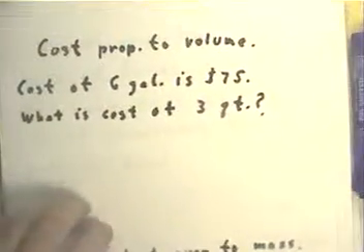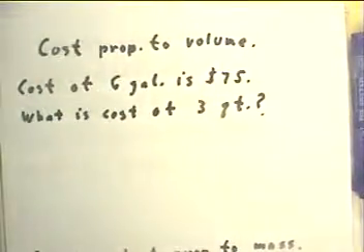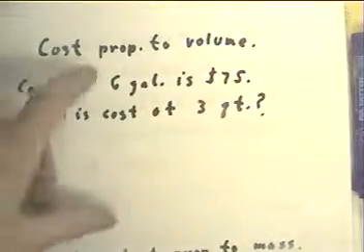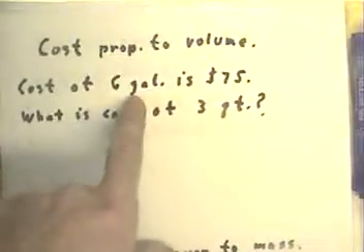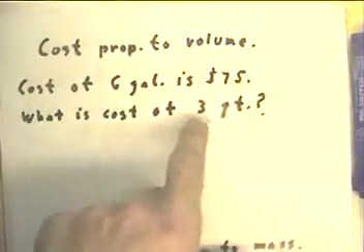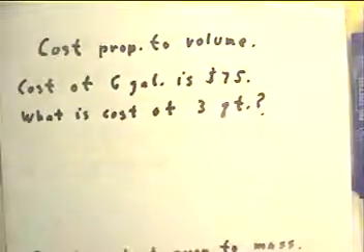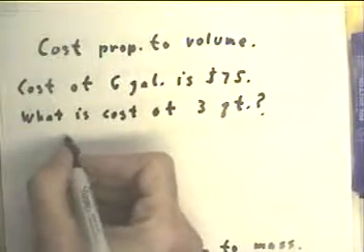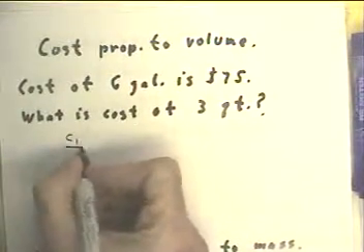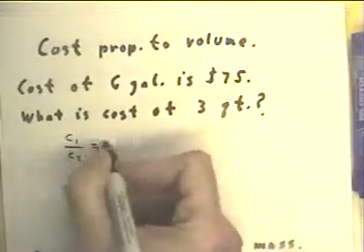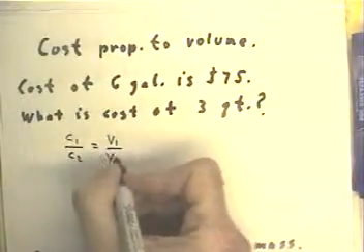Here's another proportionality. Cost is proportional to volume, and the cost of 6 gallons of some unspecified product is $75. The question is, what's the cost of 3 quarts? Well, we can say that cost is proportional to volume, so cost 1 over cost 2 should equal volume 1 over volume 2.